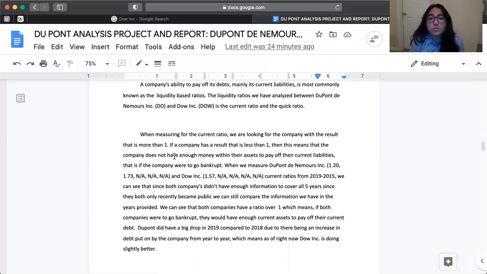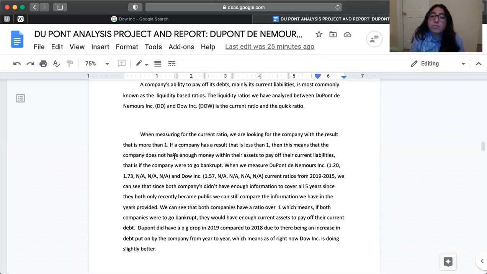When we measure DuPont and Dow, the current ratios from 2015 to 2019, we can see that both companies didn't have enough information to cover all 5 years, due to the fact that they only recently became public. We can still compare the information we have in the years provided.